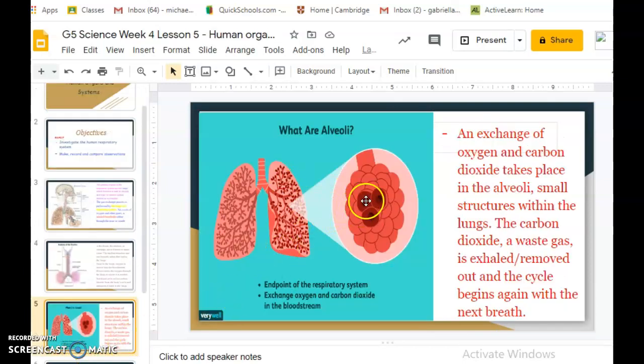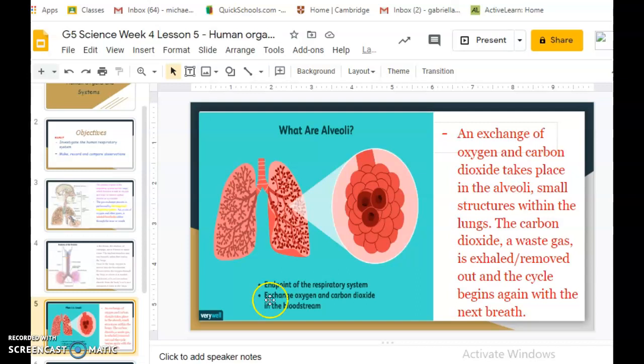In the lungs, there are certain small sacs, and that is where the exchange of gases takes place. You can see them here. They are very tiny and are called alveoli. They are found at the end down here. So actually, alveoli are the end point of the respiratory system.